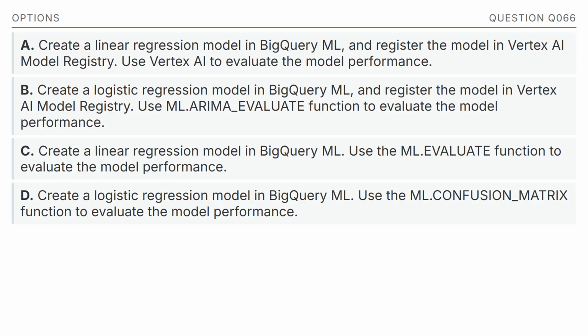Use the ml.arima_evaluate function to evaluate the model performance. Option C, create a linear regression model in BigQuery ML. Use the ml.evaluate function to evaluate the model performance. Option D, create a logistic regression model in BigQuery ML. Use the ml.confusion_matrix function to evaluate the model performance.